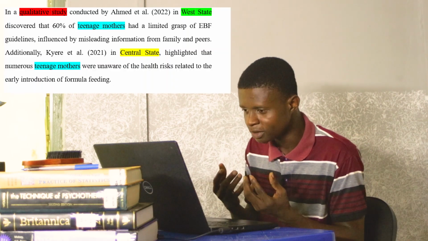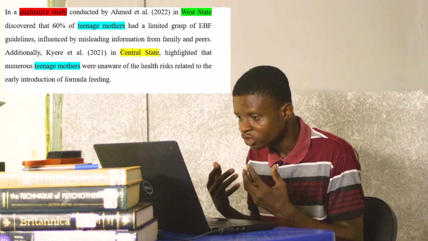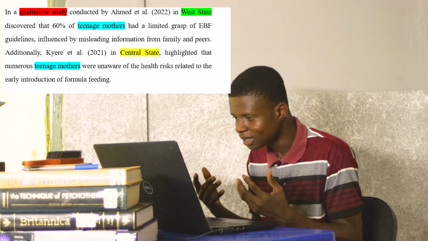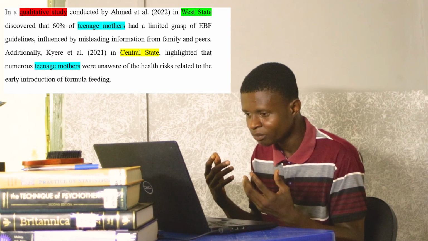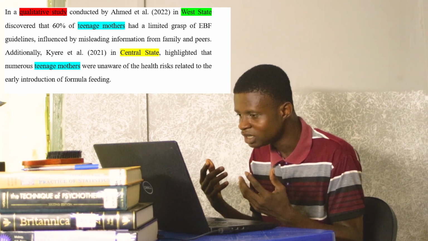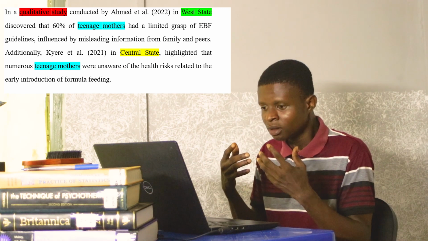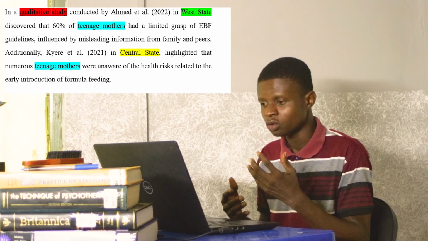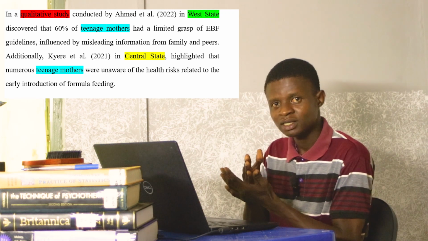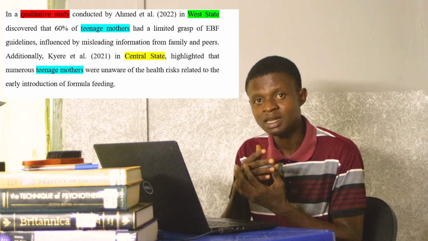Then when you continue, it says, additionally, Tre et al. 2021 in Central States highlighted that numerous teenage mothers were unaware of the health risks related to the early introduction of formula feeding. When you look at this one, Tre also mentioned that the study was conducted in Central States, and also mentioned the study participants, that is teenage mothers.